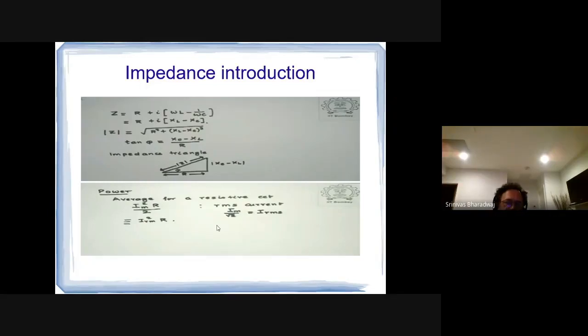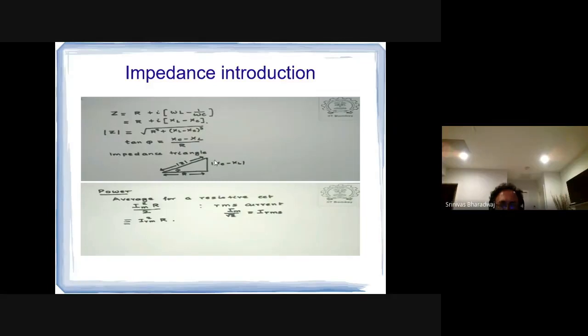It is the square root of the sum of the squares, so you have omega L minus 1 over omega C. Then you have what is called an impedance triangle. That is the modulus of Z. Here is the real part, here is the imaginary part. It's a standard complex number.